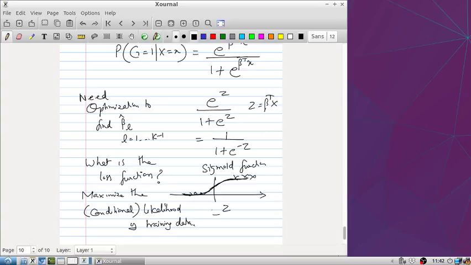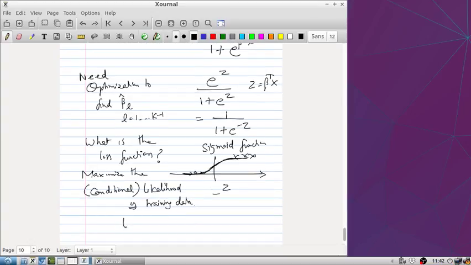So what is likelihood? It is the probability of seeing data given parameters. Likelihood is nothing but the probability of x, x is equal to xi, and y is equal to yi, given a given parameter, whatever is the parameter.